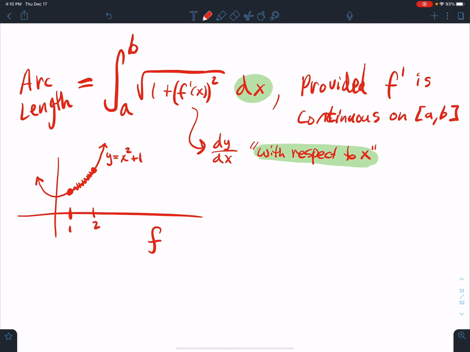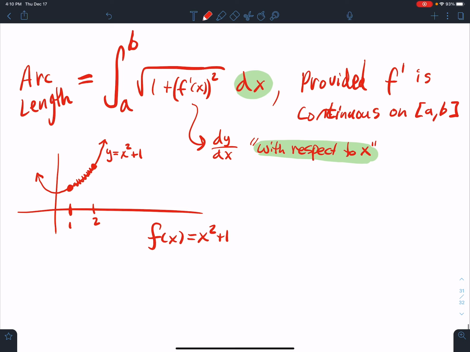My f of x is equal to x squared plus 1, right? So I'm integrating with respect to x. I sum all the segments from 1 to 2, right? So the integral from 1 to 2 of the square root of 1 plus, now the derivative squared.